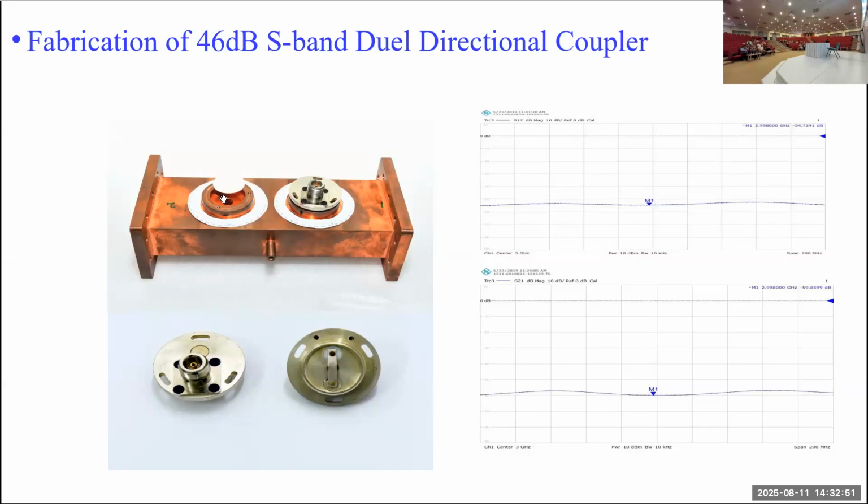It means if the electric field gradient inside the cavity is 1 million volt, and the coupling of this antenna is 60 dB, it will read only 1 volt per meter.